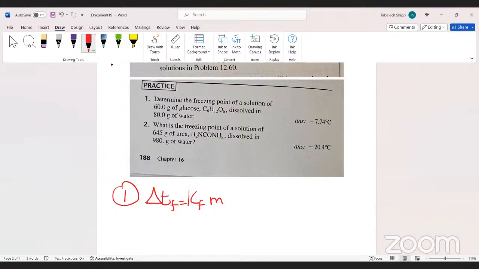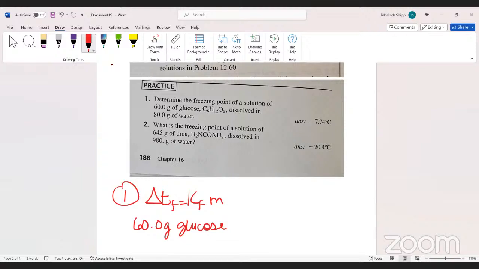Okay, so here's what we're going to do. First thing is they gave us 60.0 grams of glucose, and that is your solute. Your solute is typically the solid form of your compounds.